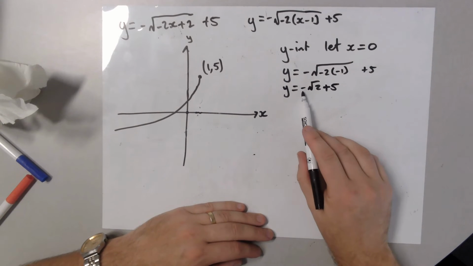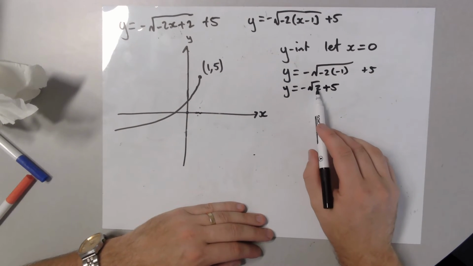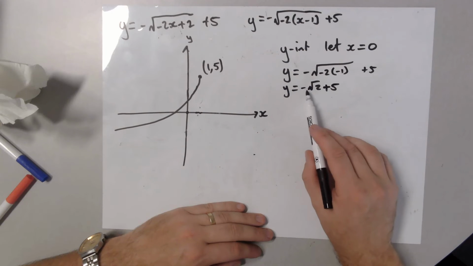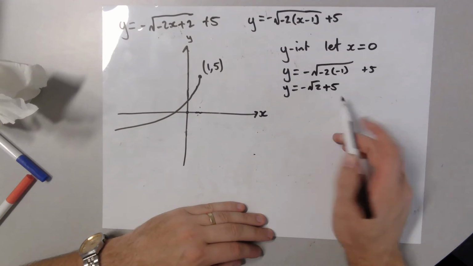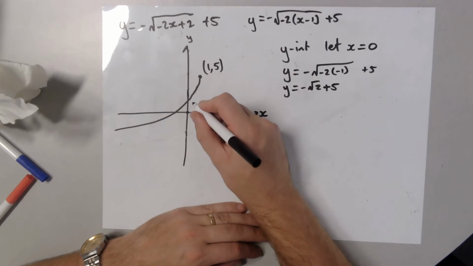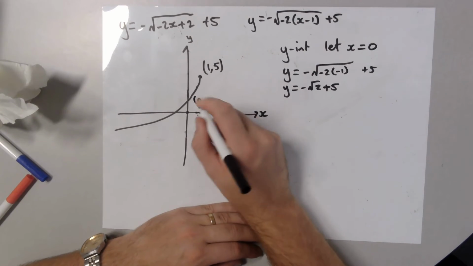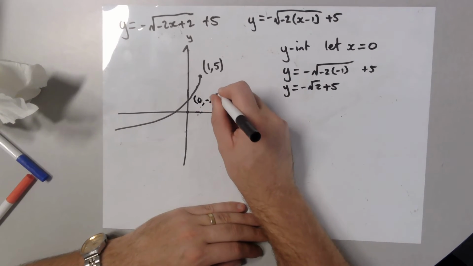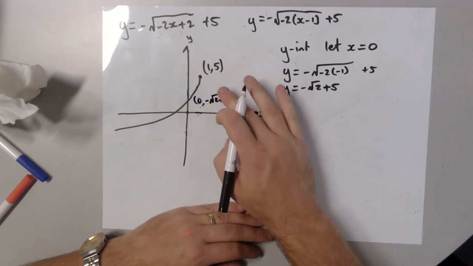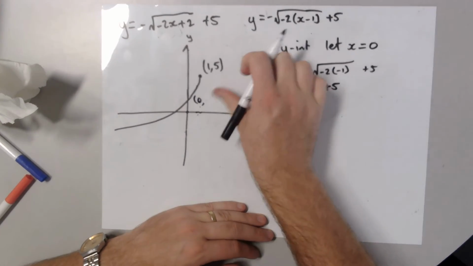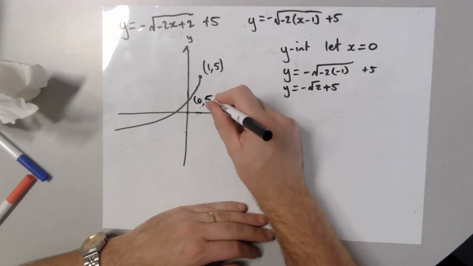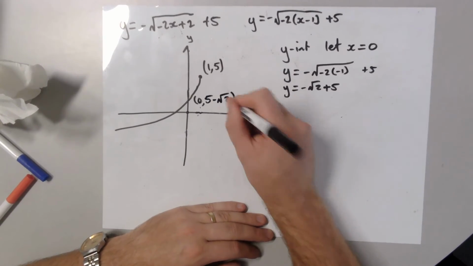Well, root 2 is about 1.41, so negative 1.41 plus 5 is definitely going to be a positive value. So this point here is 0, negative root 2 plus 5, or a nicer way to write that is 0, 5 take root 2.